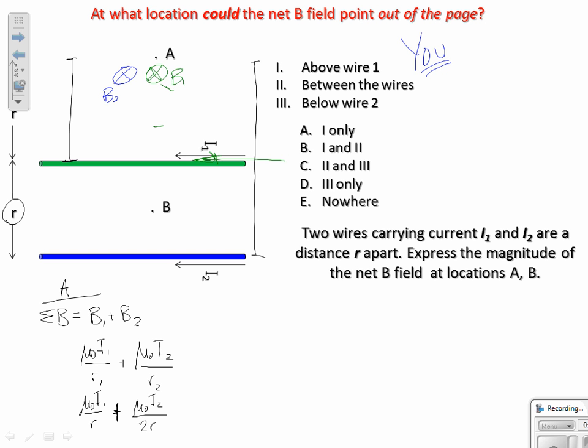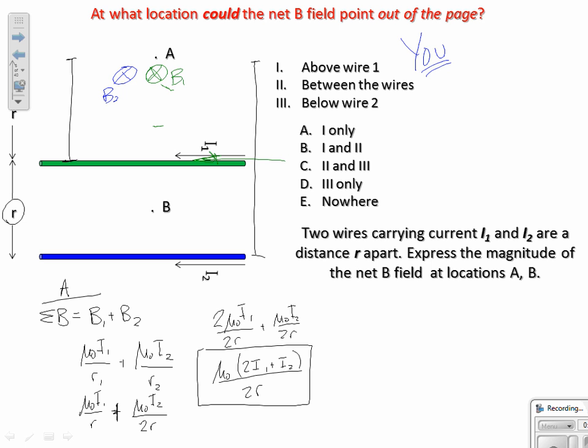You can do some algebra if you'd like. So that would be 2 mu naught I1 over 2R plus mu naught I2 over 2R. Then we can put all this in the top because we have common denominators: mu naught times 2I1 plus I2 over 2R. There's an expression for the net field at location A.